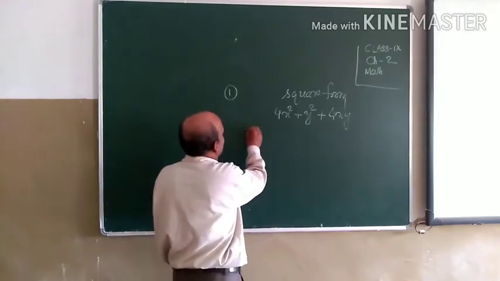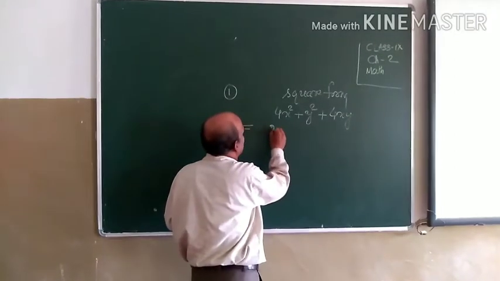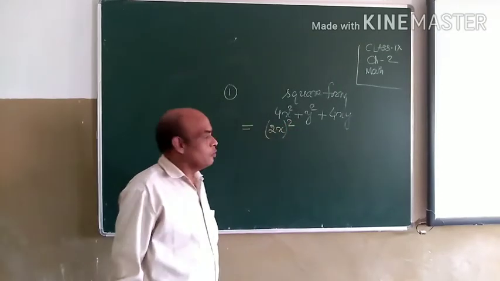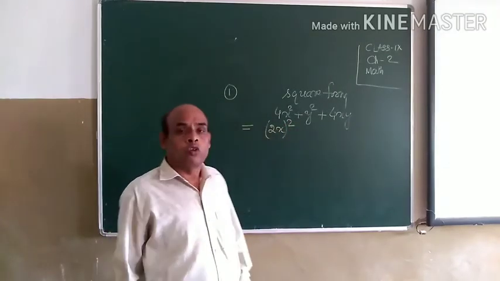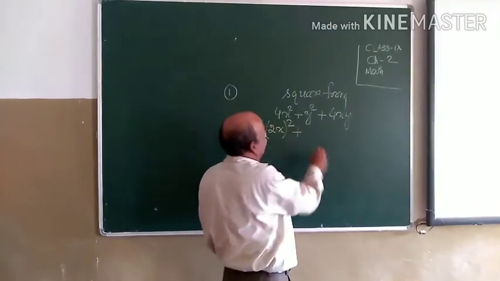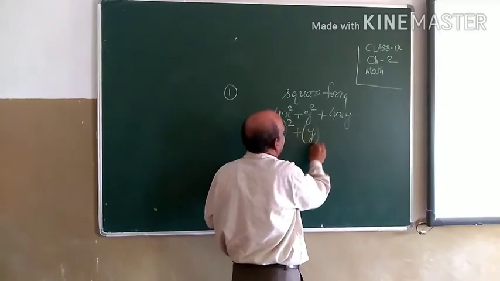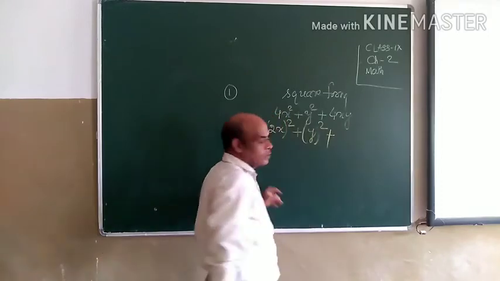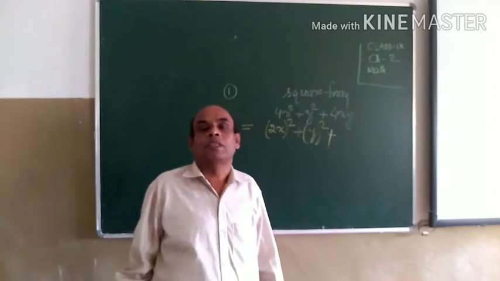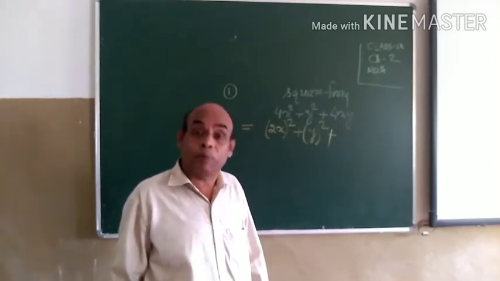You can write 4x square as whole square of 2x, plus y square as whole square of y. Try to write the question in the form of whole square of a plus b, if possible.